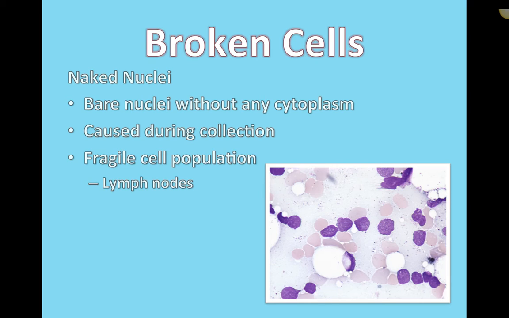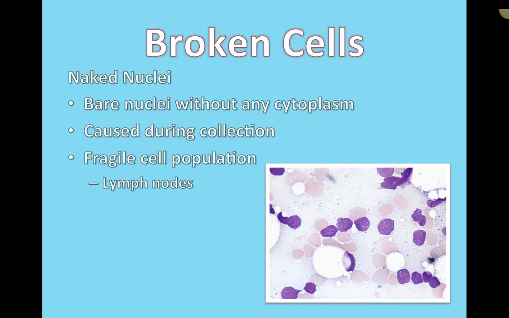So to note that you have an abundance of naked nuclei, so nuclei without cytoplasmic borders, is really important because if we're looking at thyroid cells in particular, or we're hoping to look at thyroid cells, the presence of those naked nuclei themselves can be helpful in identifying that, yes, you were taking the sample in the correct area. No, you don't necessarily have a diagnostic sample. But yes, it's very likely that you were in fact taking thyroid cells.